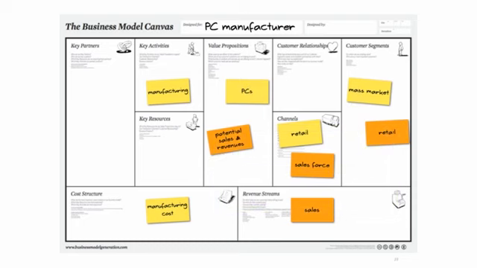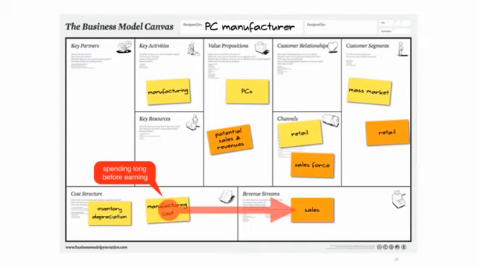The problem with this business model is that the manufacturing costs occur much before the sales are ever produced, if they are ever produced, which means there's a big time gap between the time you spend money and the time you earn money. Now, that also leads to inventory depreciation, which can also be a huge cost.